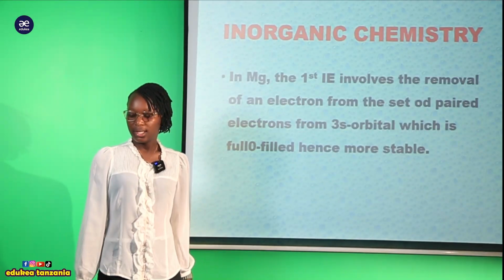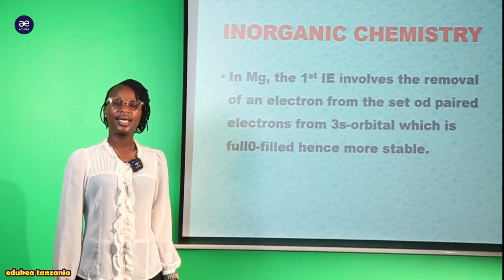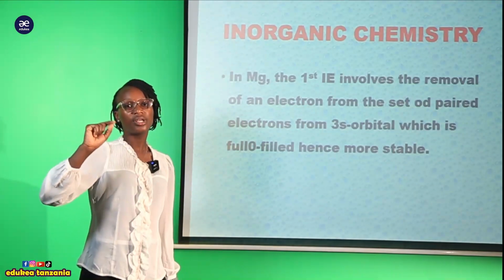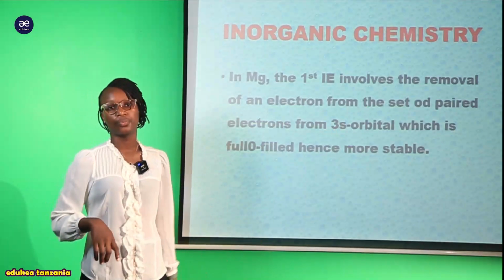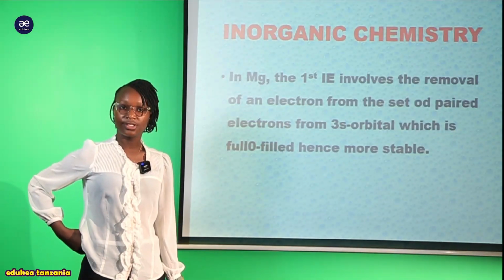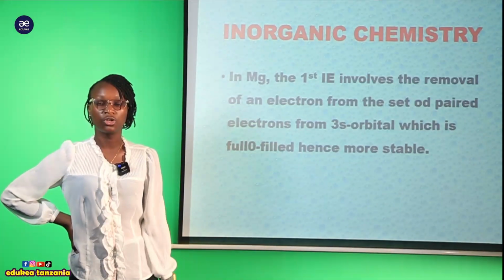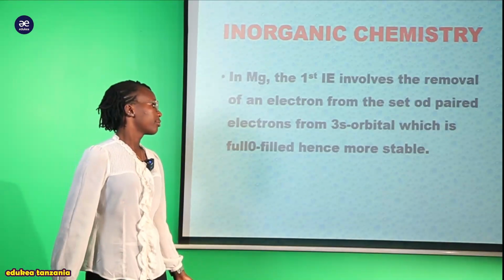You can see, sasa tunapokuja kwa magnesium, first of all you can see that ile removing of the first ionization energy, ile electron ya kwanza ambayo anatolewa ni kwamba anatoka kwenye this 3s orbital. Sasa kama anatoka kwenye 3s orbital, hapa kwenye electronic configuration ya magnesium 3s orbital ana sifa zipi? Tunaambiwa kwamba ni fulfilled.